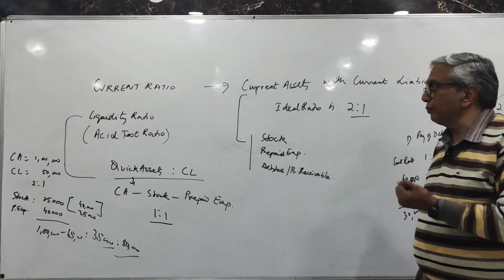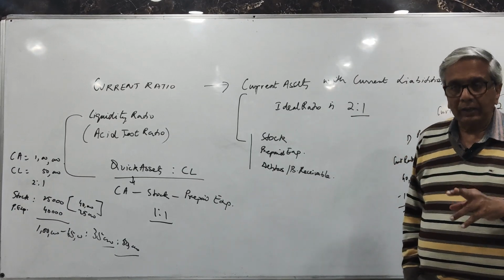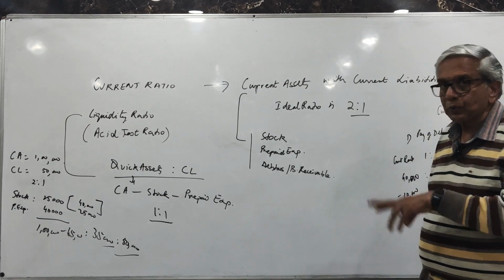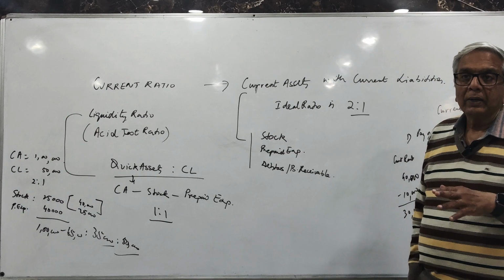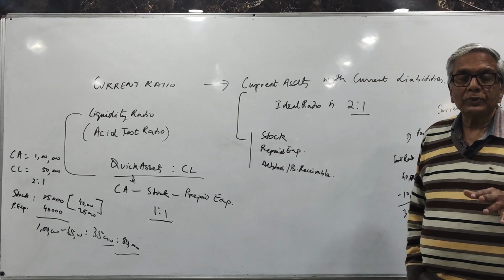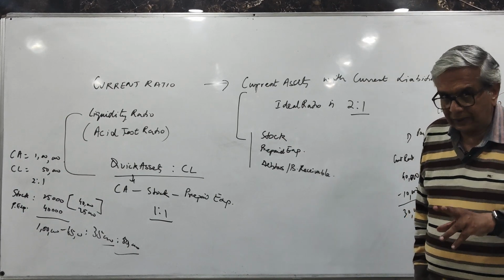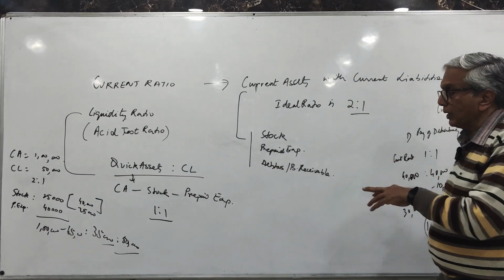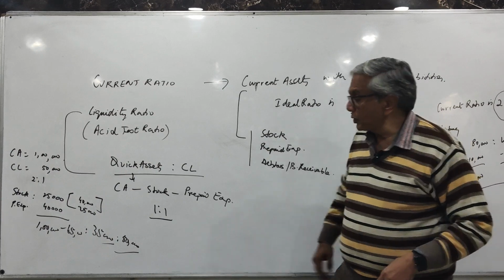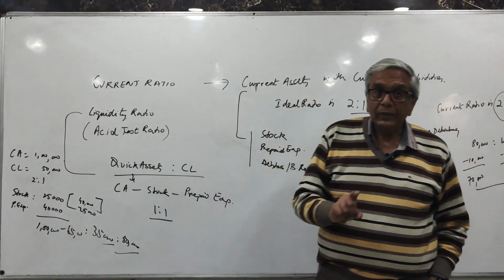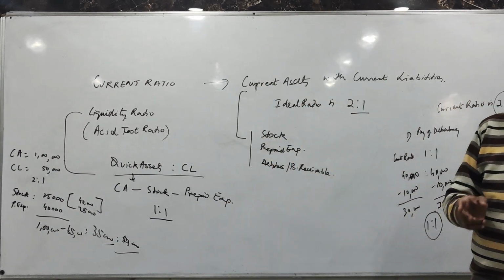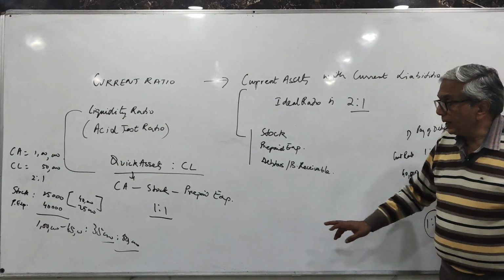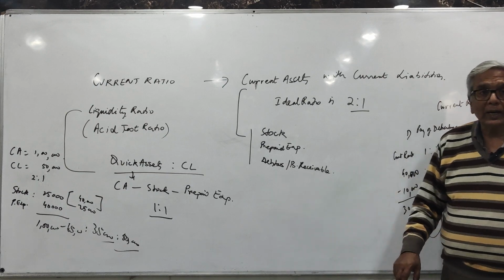You have to be very careful. If the current ratio is 2:1 or even more, and the quick ratio is 1:1 or more than 1:1, then the company's short-term solvency position is satisfactory. But if the current ratio is 2:1 and the quick ratio is less than 1:1, suppose this is 0.75:1, then you will say that though the current ratio is according to the prescribed norm, the quick ratio is less than the prescribed norm.